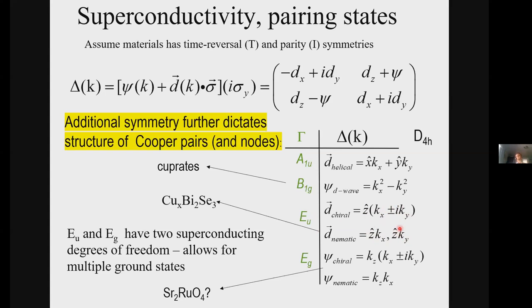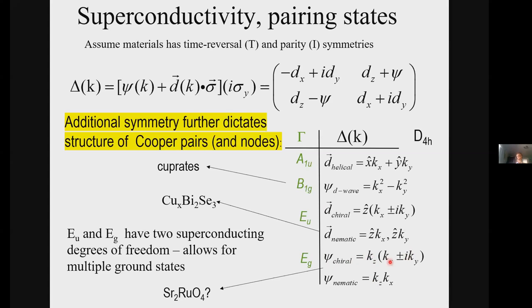Conversely, we can have a nematic state, which is just a real combination, and that's argued to be relevant for copper-doped bismuth selenide. And also we have a two-dimensional d-wave-like state, which is even parity. This can also be broken time reversal symmetric or not.